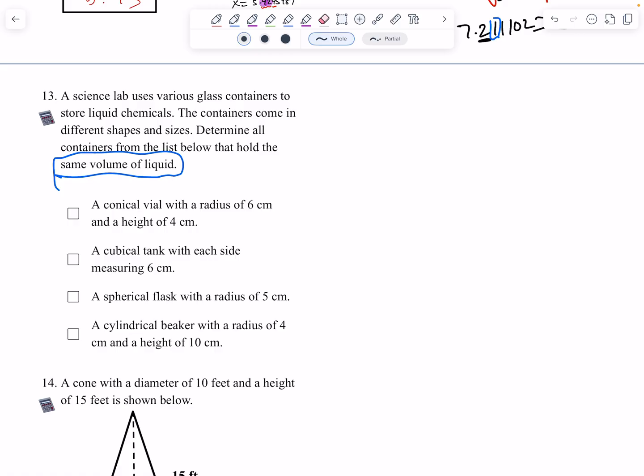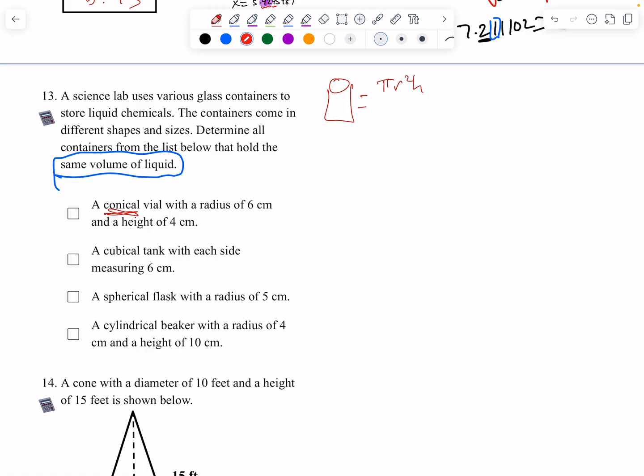Oh my God. Really? These guys gave me every single different thing I told you about earlier. Okay. So here's a cone, right? If it's a cylinder, the volume is pi r squared h.